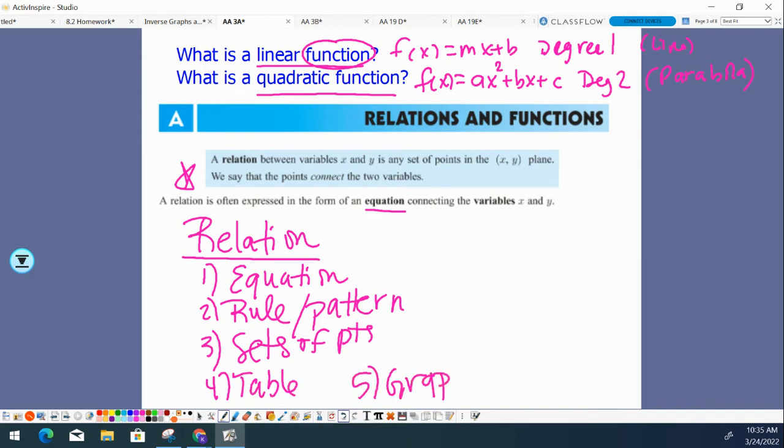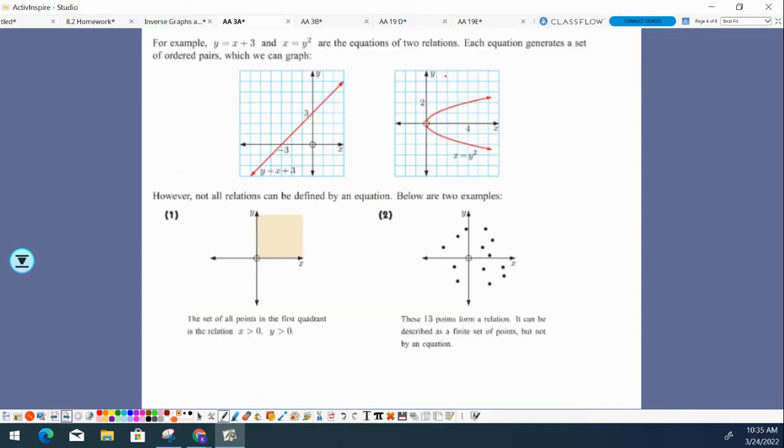These are all ways that we can express a relation. So for example, they just give you specific stuff. Here's an equation, and here's the graph that goes along with the equation. Here's another equation, and there's the graph that goes along with it.